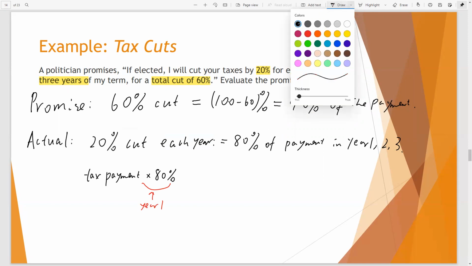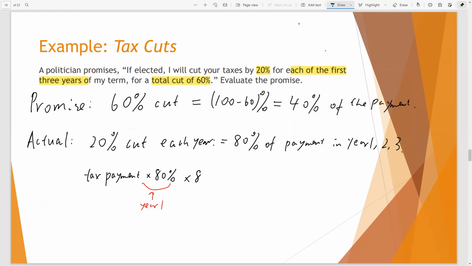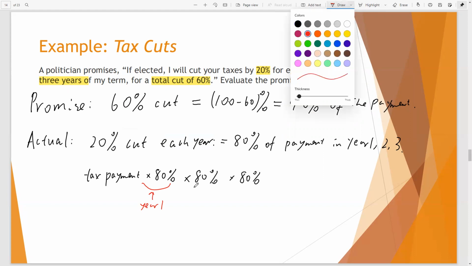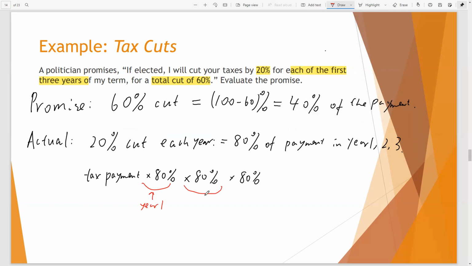Going to the second year, it has another 80% deduction. And going to the third year, it has another 80% deduction. So this deduction is for year 2, and this third 80% is for year 3. It makes sense.